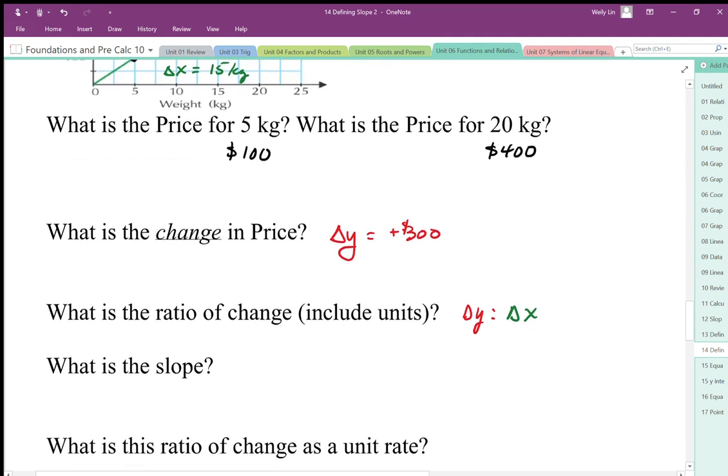So when we show this as a ratio of change, we have 15 kilograms. And again, notice I'm keeping track of my units. $300. Okay, the slope is then going to be expressed as $300 for every 15 kilograms.